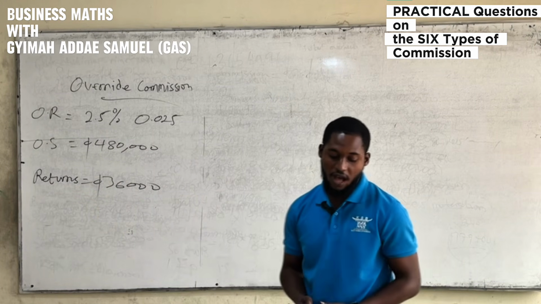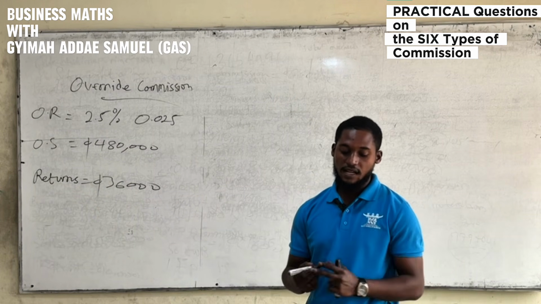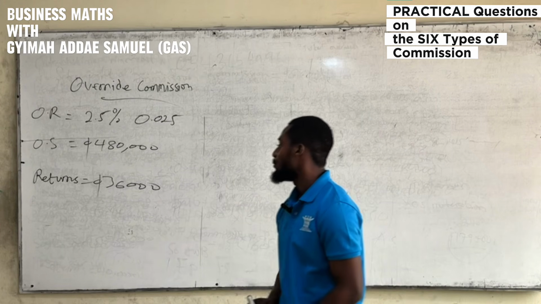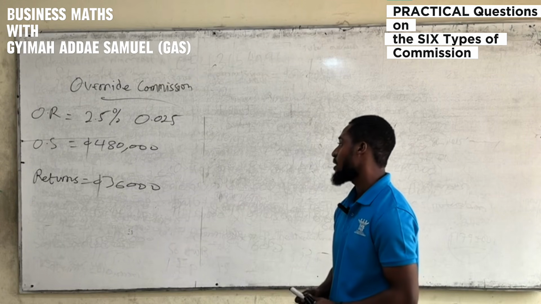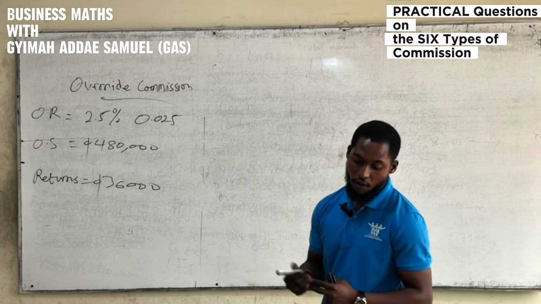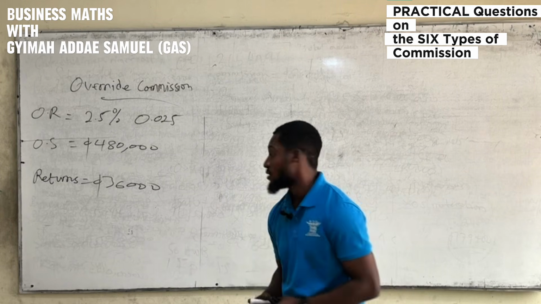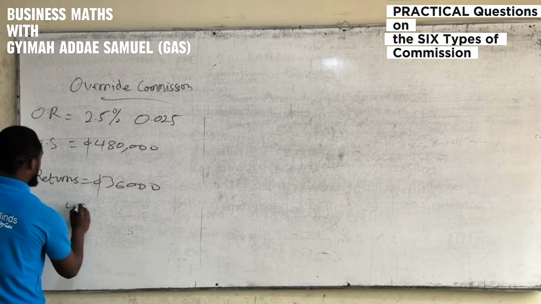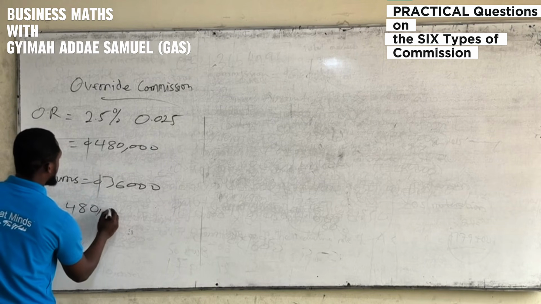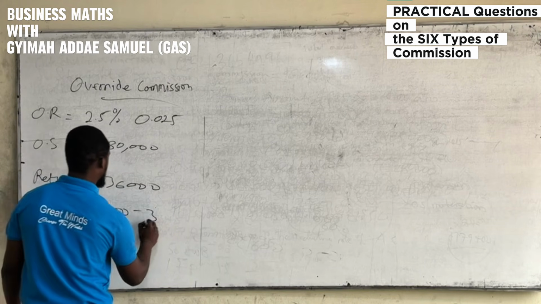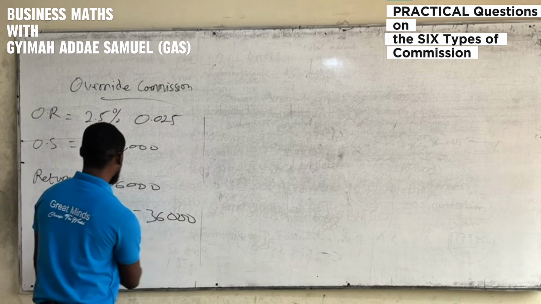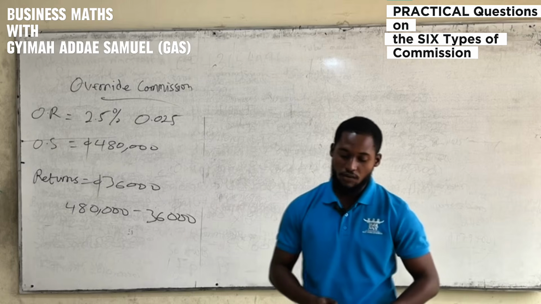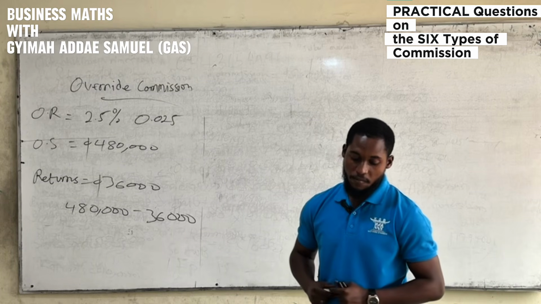We find our override commission. So finding our override commission, we would have to subtract returns from sales before we can actually proceed. So we have to subtract 36,000 from 480,000 Ghana cedis.